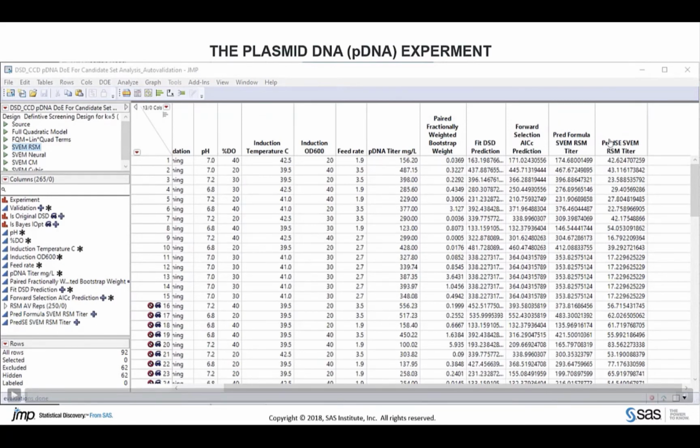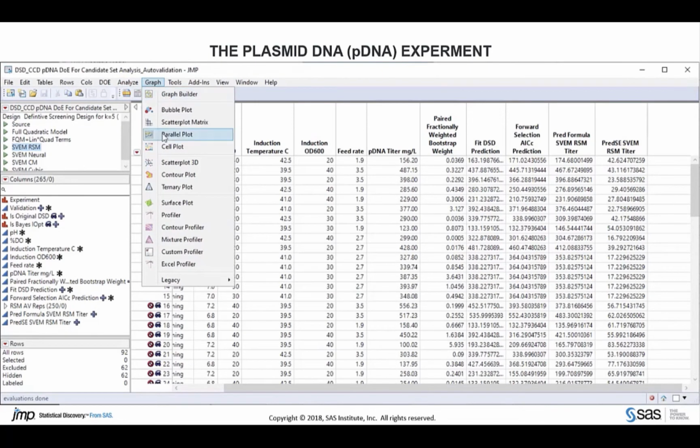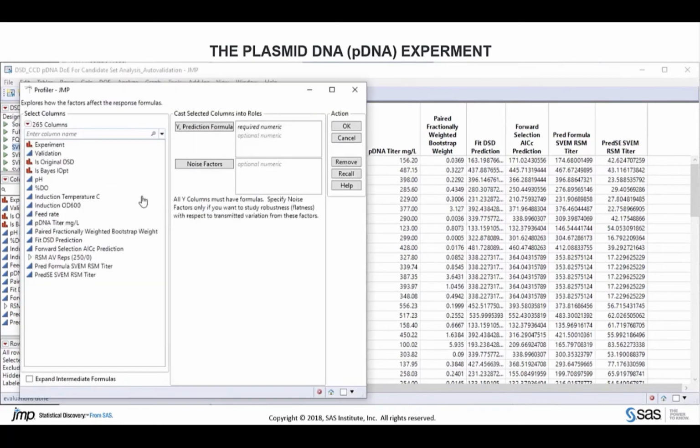So now I've got my AV rep columns hidden. We're going to use the average across them as our overall model for S-VEM. And then we're also going to take the column-wise standard deviation across those to characterize the uncertainty in our predictions. So I've named the second column Pred SE so that the profiler platform will know that it's a standard error formula.